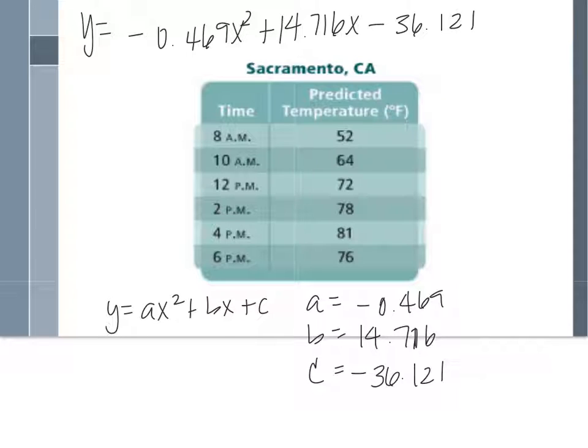And so the maximum temperature, which is your y value, would be about 79.4 degrees at 3:42 p.m. And that is it for this example.